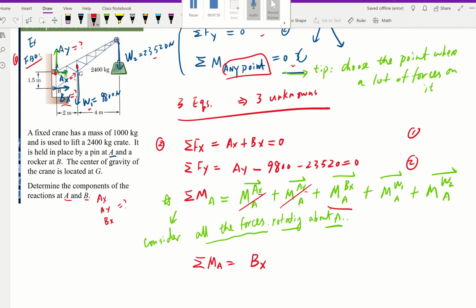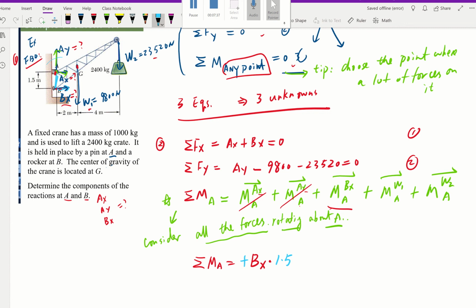And the moment arm, because it's force times moment arm, for BX rotating about A will be labeled in this blue, right? So that's 1.5. This is a horizontal force, so the moment arm will be vertical. Then thinking about it, this rotation is going to be counterclockwise, so it would be positive.